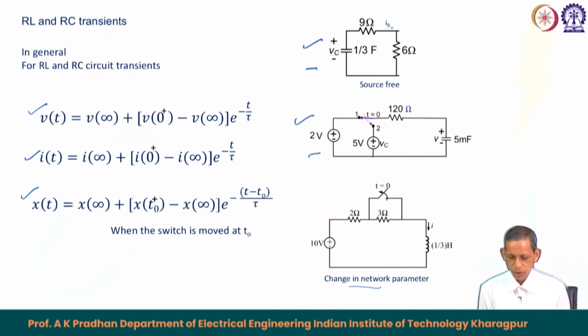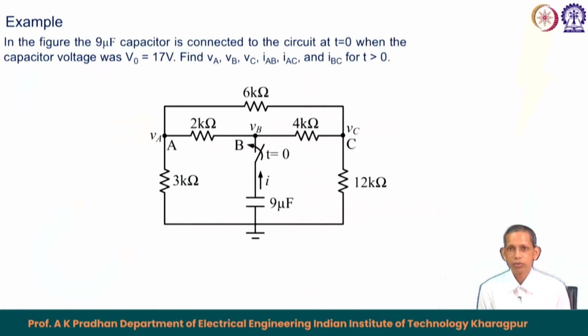The same set of equations is valid. With this we can solve different transient problems in a much easier way. We have solved a few simple problems. Today in this lecture we will address a few relatively complex problems. Let us go one by one.